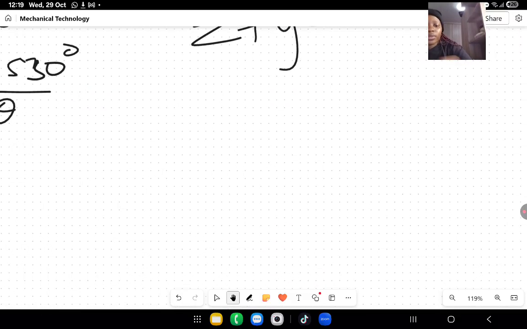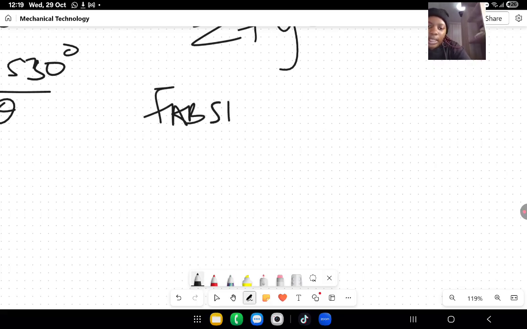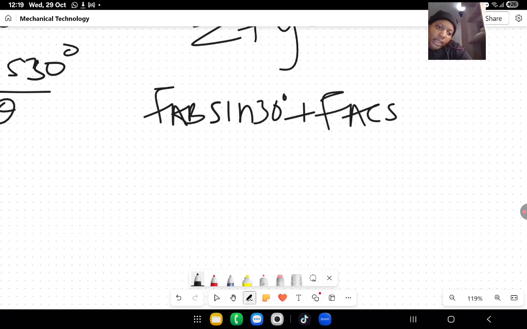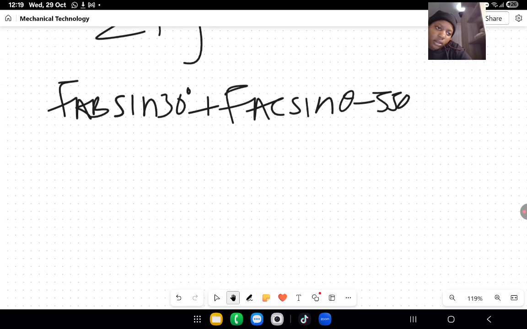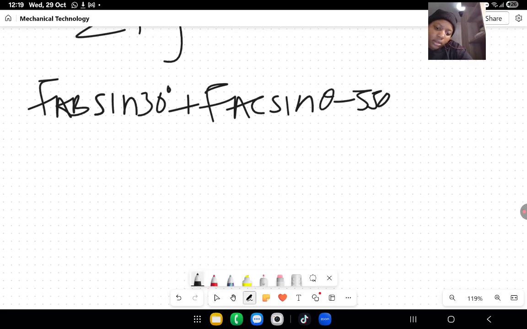So we'll have FAB sine 30 degrees plus FAC sine theta minus 550 equals 0.